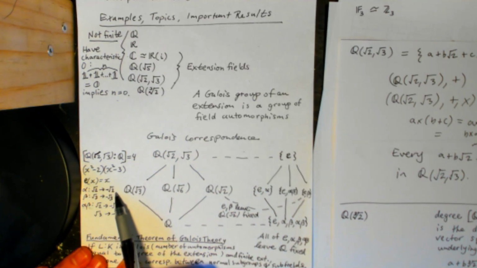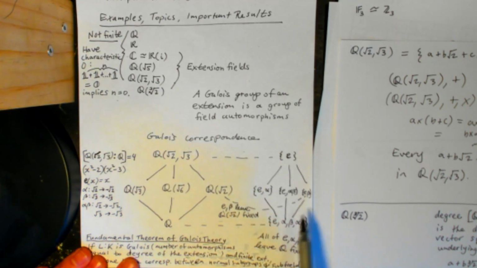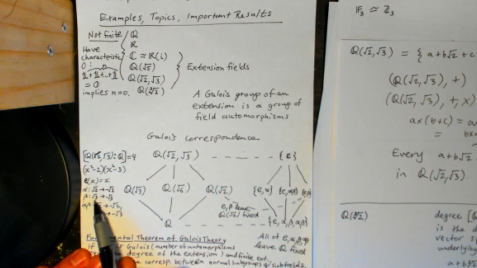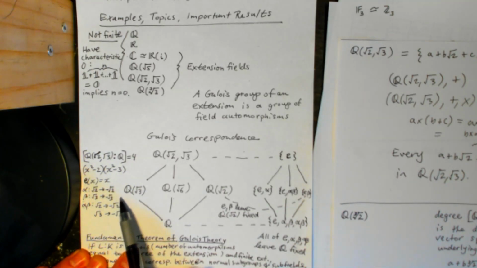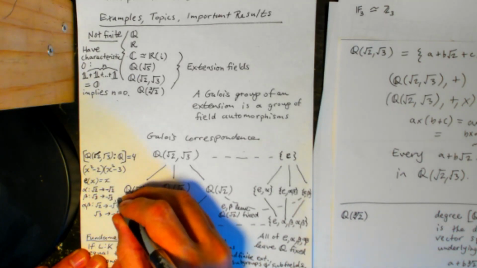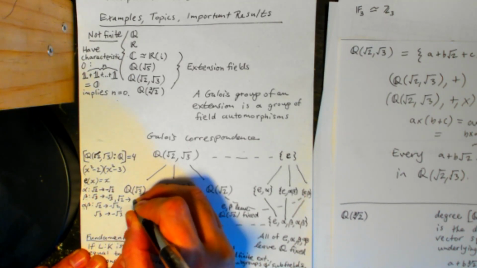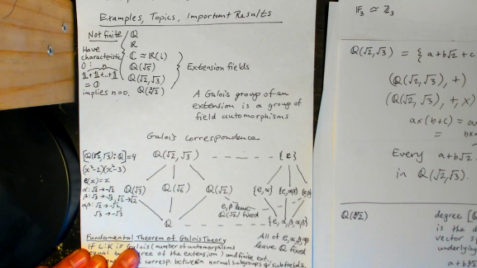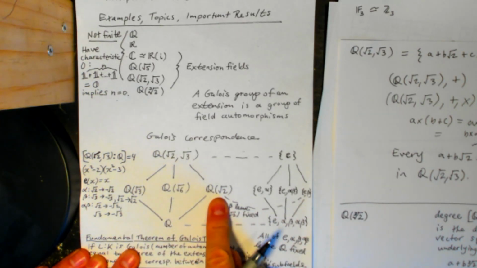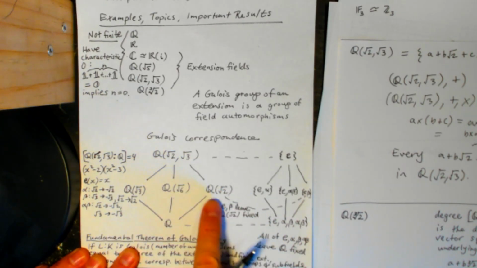So we already said do nothing to root 3 here, in other words, send root 3 to root 3. Now beta, on the other hand, is the map that sends root 3 to minus root 3. It sends minus root 3 to root 3, but it leaves root 2 fixed, meaning that it would send root 2 to root 2. So it leaves this subfield of this field extension fixed.